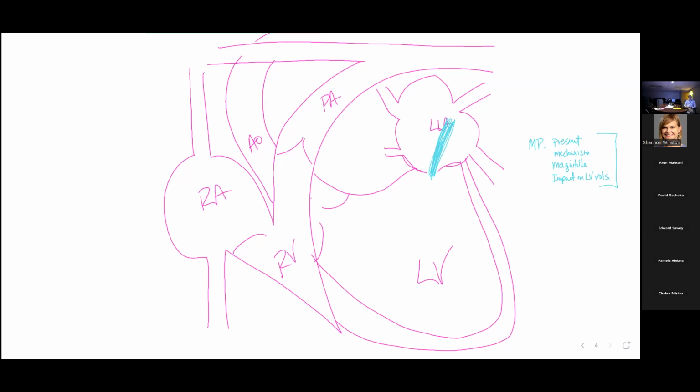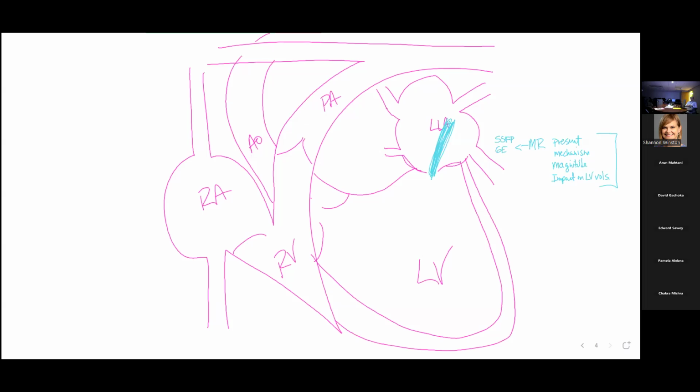So one of the ways we can look to see if this is present is there are two white blood imaging techniques. Now, I can't remember if we mentioned them last time, but one is called steady state free precession, and the other one is called gradient echo imaging.